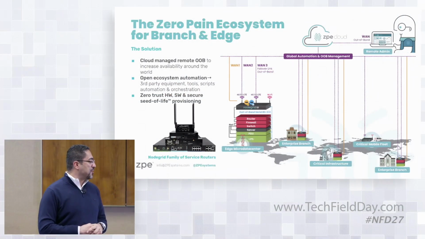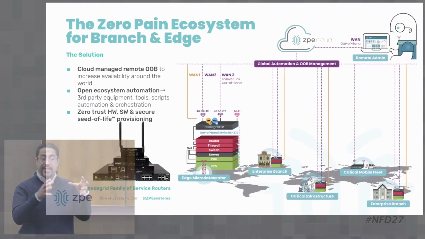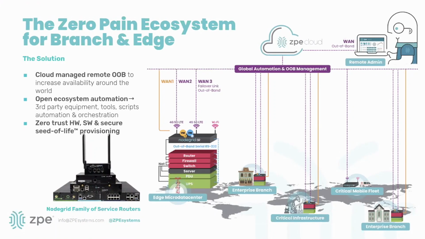All right, and then just to put this together in a nice graphic, all of these deployments, be it at an edge micro data center, even under a cellular tower with 5G towers, all of those tower locations are now hosting edge workloads. So enterprise branches, critical infrastructure, even in a mobile fleet, this portfolio of boxes is able to not only do the out-of-band management to increase availability, but this whole open ecosystem and a friendly platform for automation.